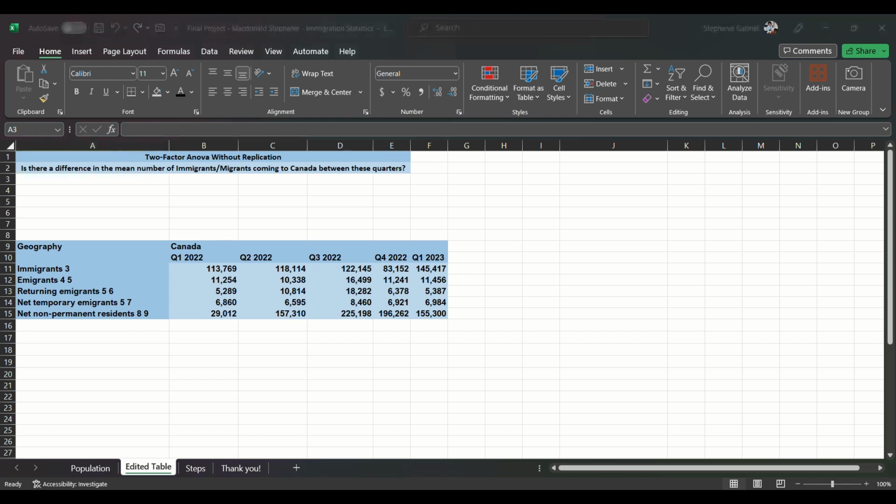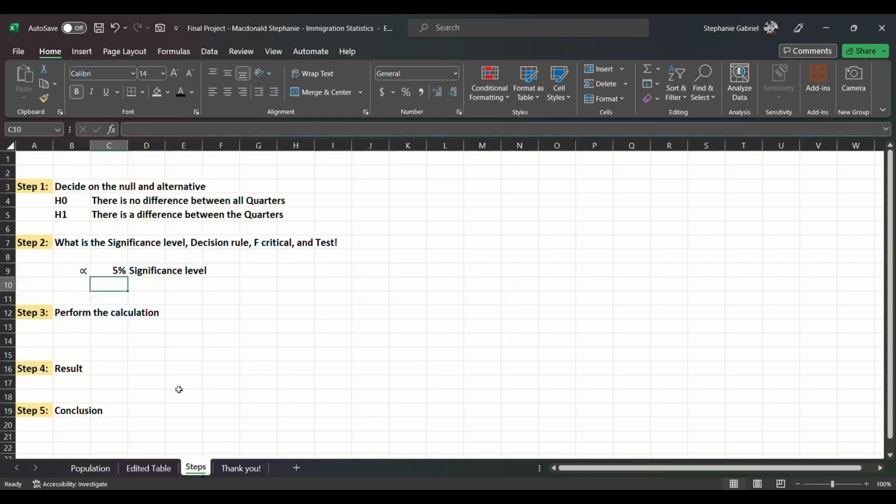Going back to my table, 4 and 16 is 3.01. So that would be my F critical, what I'm comparing my F sample to when I perform my test.